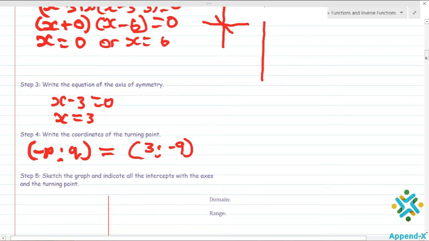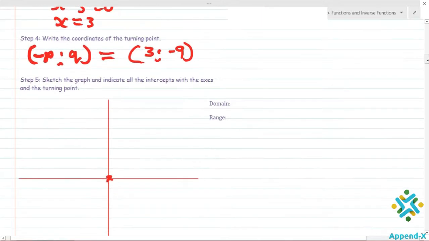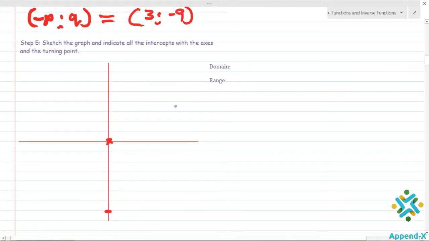Now the last step, or the fifth step, sorry, is to sketch the graph and indicate all the intercepts with the axis. Now this is the y-axis and this is the x-axis. Now we know that the graph intercepts the x and y-axis at the origin. We also know that it cuts the x-axis at 6.